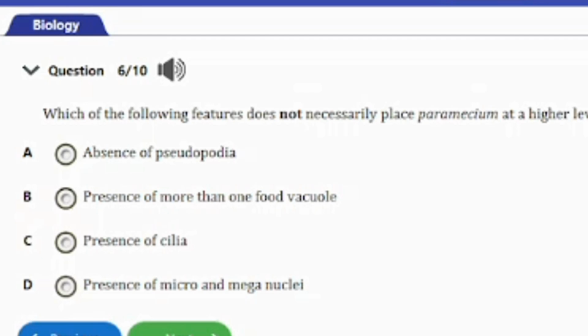Then absence of pseudopodia, due to the fact that it has a better developed structure, also makes it a higher level of organization than amoeba. But presence of more than one food vacuole is not a distinguishing factor making it higher than amoeba. So that's the answer, option B. Let's go ahead and consider the next question.